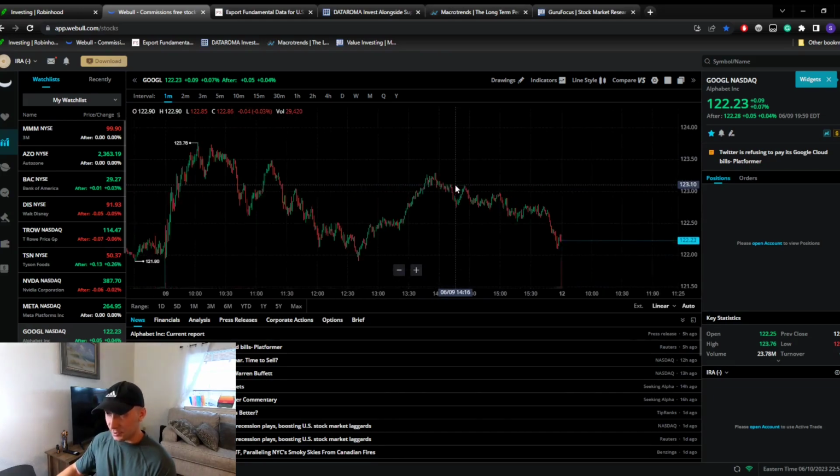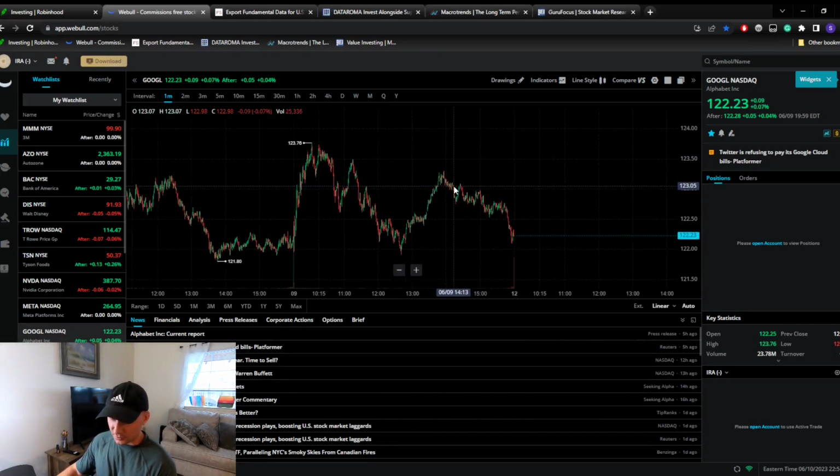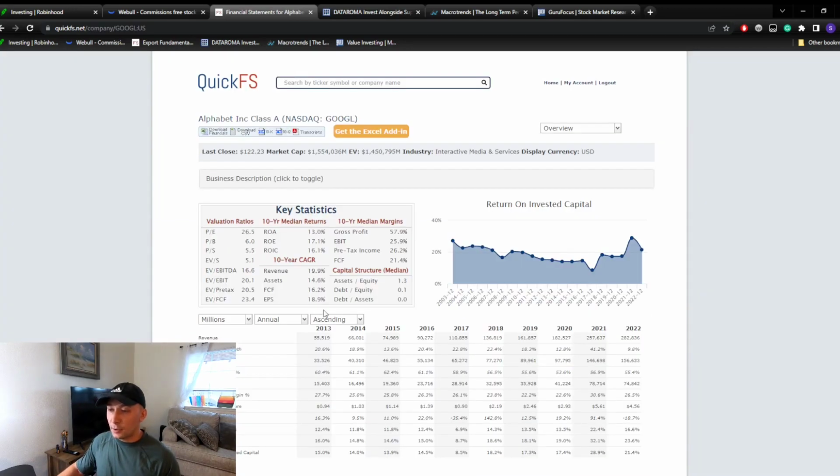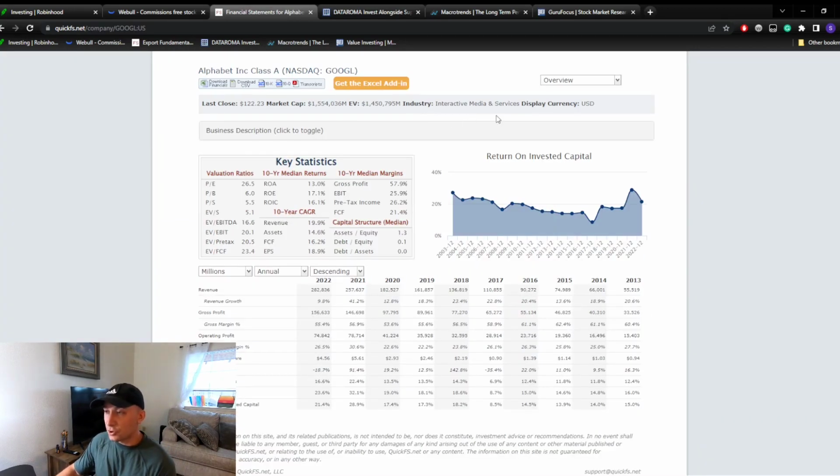Currently, right now, I know that it's not at a value that I would personally buy, but in order to look through and evaluate it, I go to one of the first websites that I use constantly, QuickFS, and I search the ticker symbol Google, and here I can look at their financial statements. So some of the important metrics that I look at, first of all, price to earnings ratio.